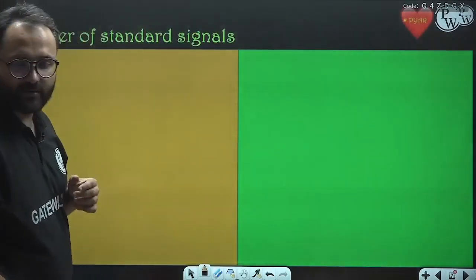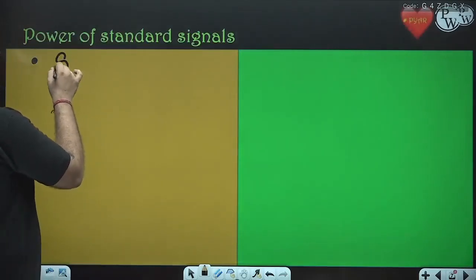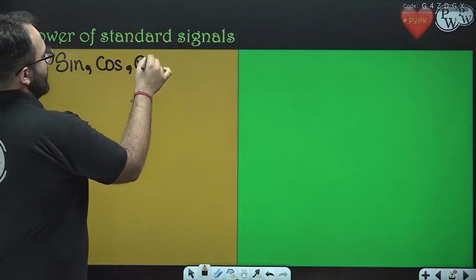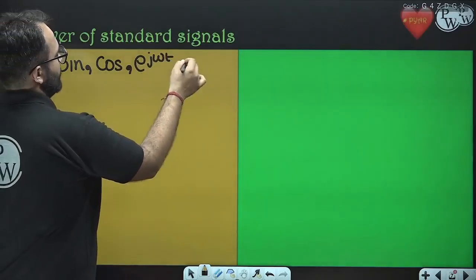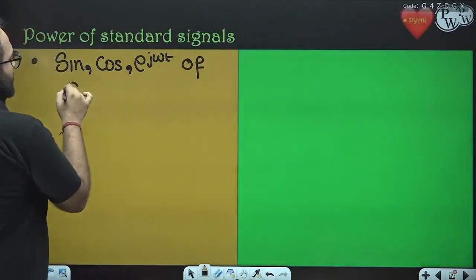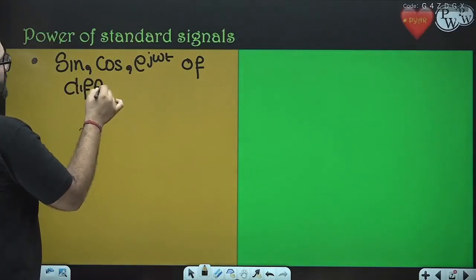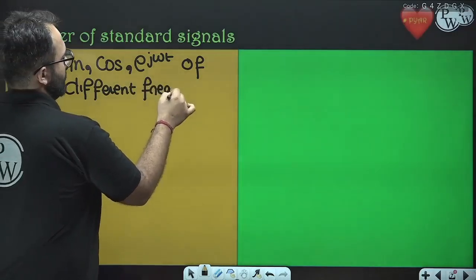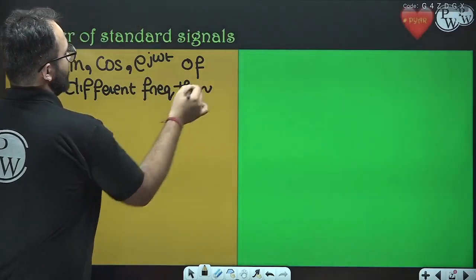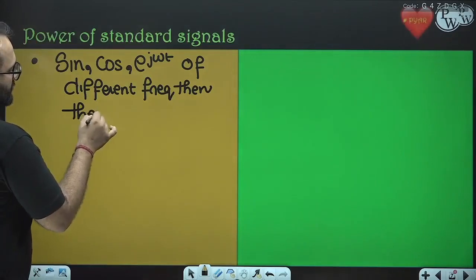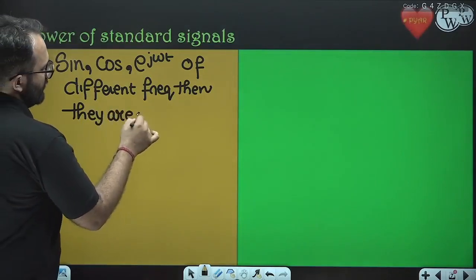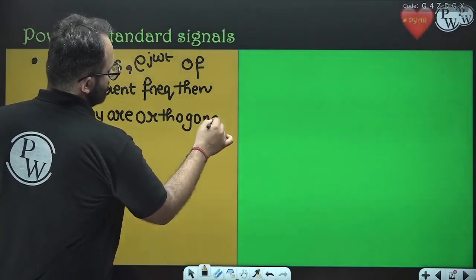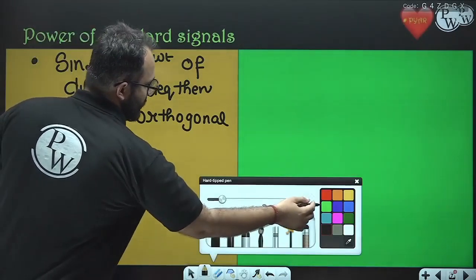So always remember that sine, cos and e to power j omega t of different frequencies are orthogonal. Always remember that they are orthogonal, if they are of different frequencies.